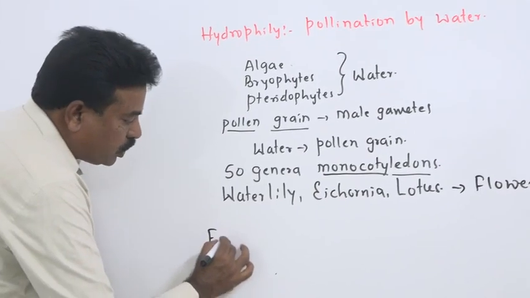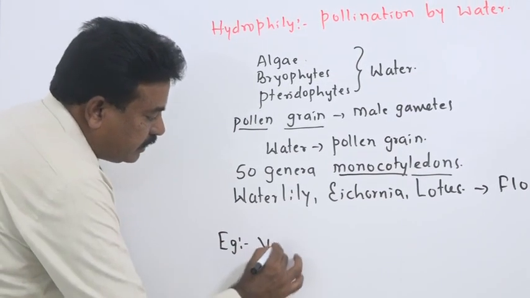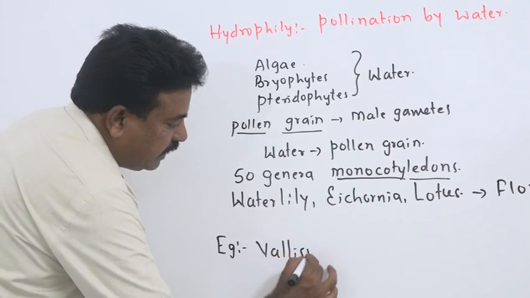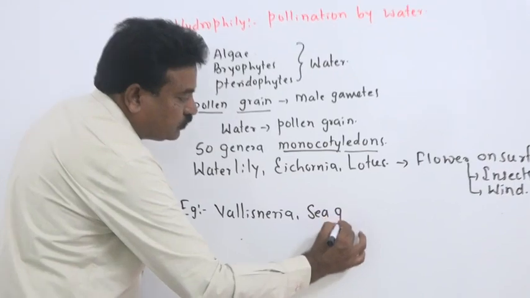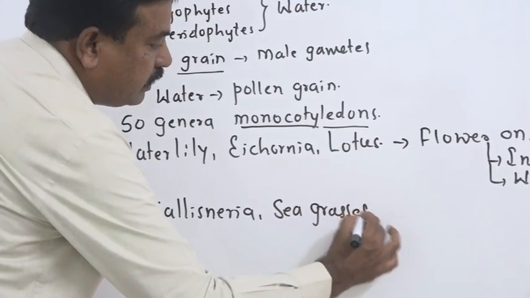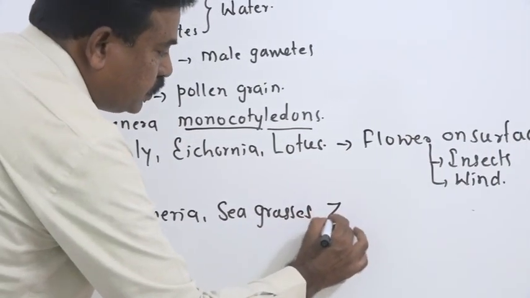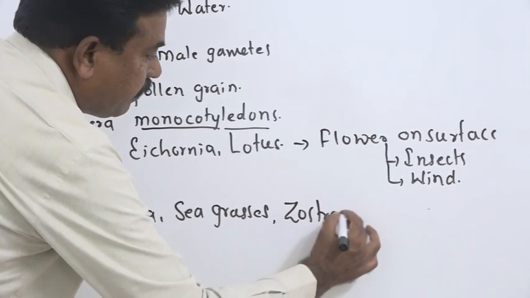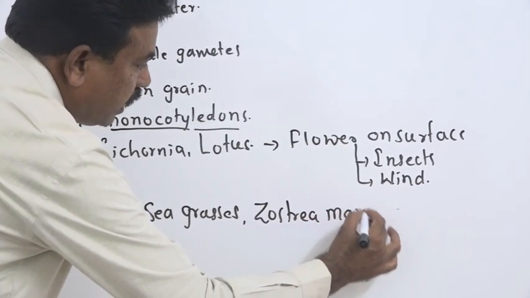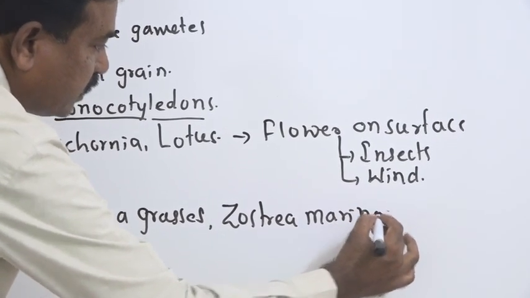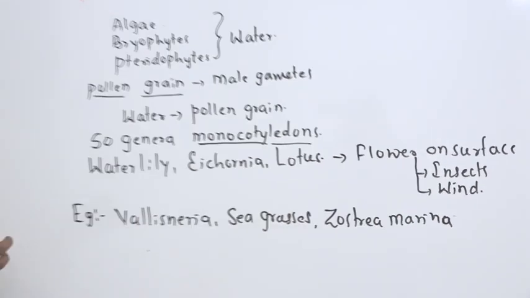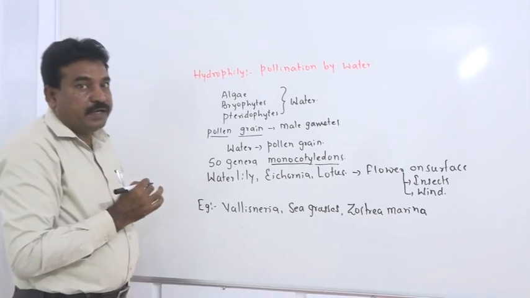Most commonly we see it in case of Vallisneria, then sea grasses, and Zostera marina. In these hydrophytes, generally there is a presence of a special process, hydrophily.